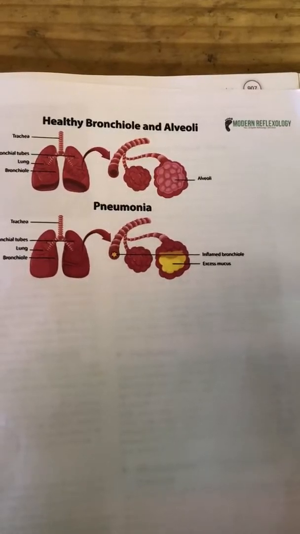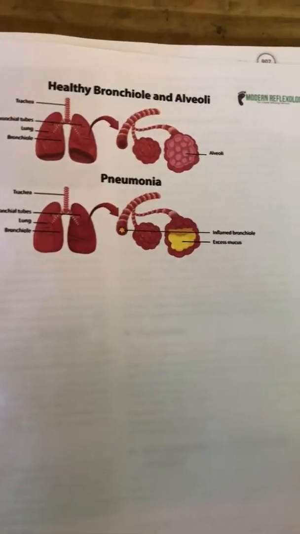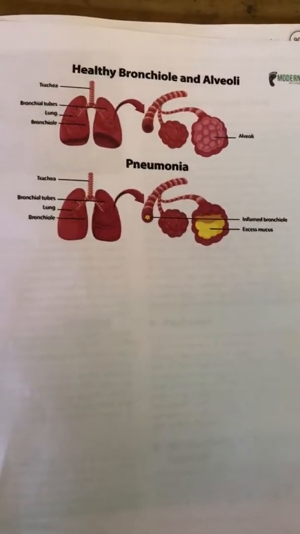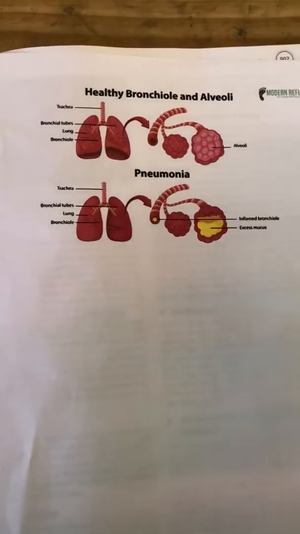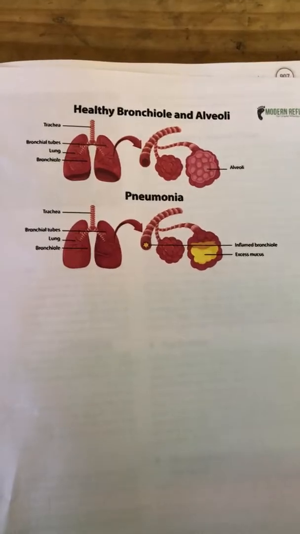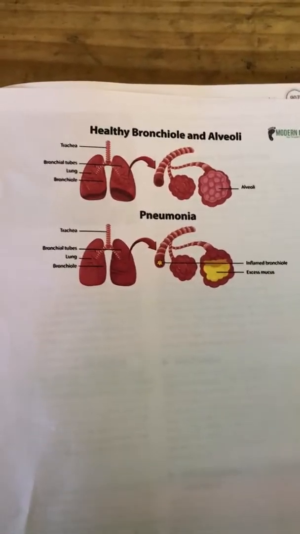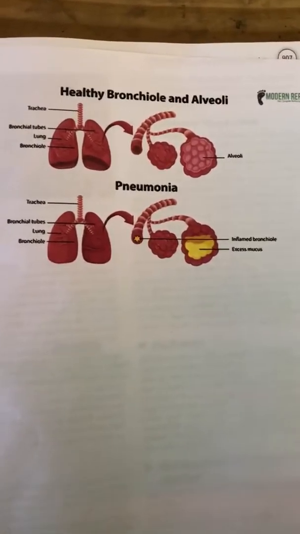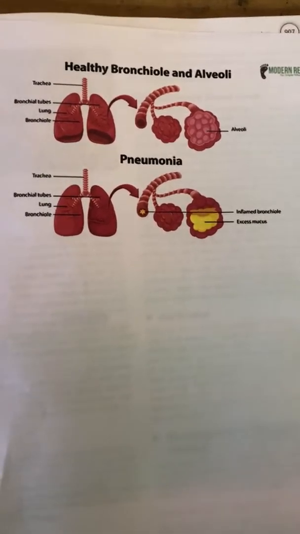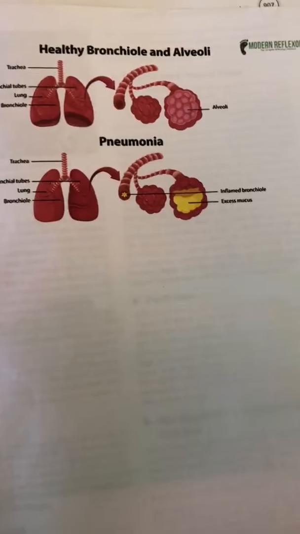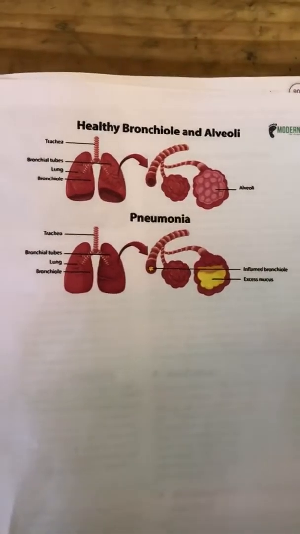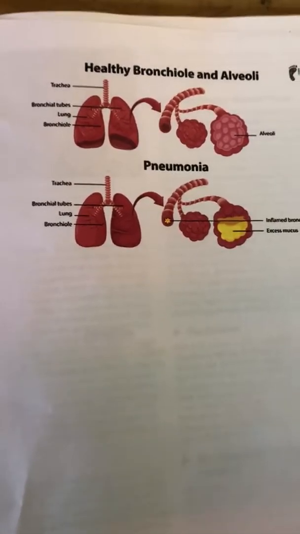You're going to listen to their lung sounds, and you're going to expect to hear crackles or wet lung sounds. Some signs and symptoms are a fast heart rate, fever, chills, and coughing. Your oxygen stat is going to be low on your pulse ox, and they're going to be working to breathe. Sometimes they might also complain of chest pain.